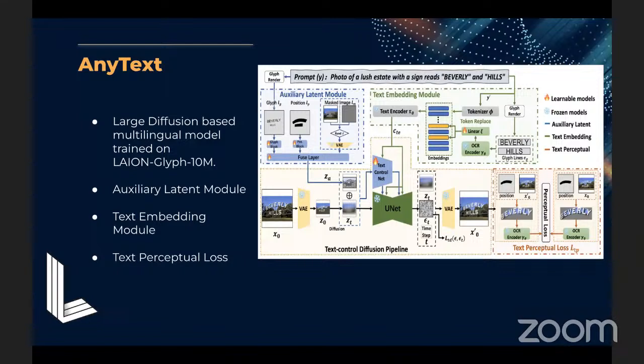Now, with the text embedding module, the function is for it to employ an OCR model to encode the text and the images. How it works is that it extracts semantic information from the caption as well as the image. And how it's able to do that is through feeding the prompt through the text embedding module. Number one, it's fed through a tokenizer, and that is then put into the embeddings.